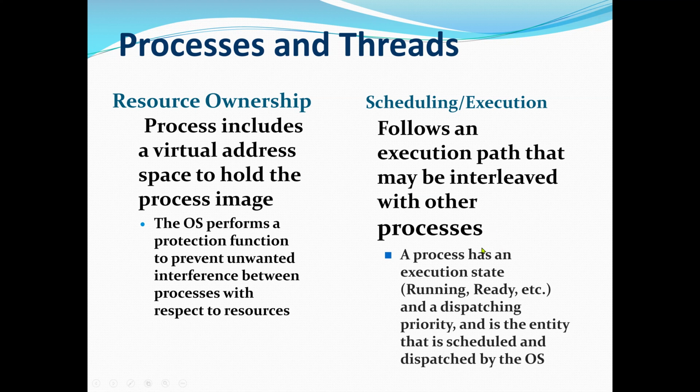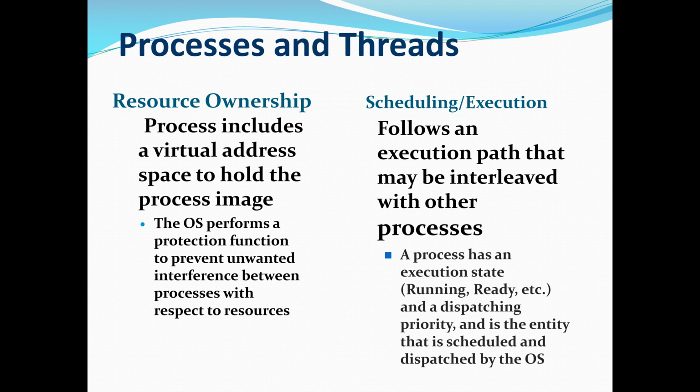Recall from chapter 3 that the process image is the collection of program, stack, data, and attributes defined in the process control block. From time to time, a process may be allocated control or ownership of resources, such as I/O channels, I/O devices, files, or main memory.